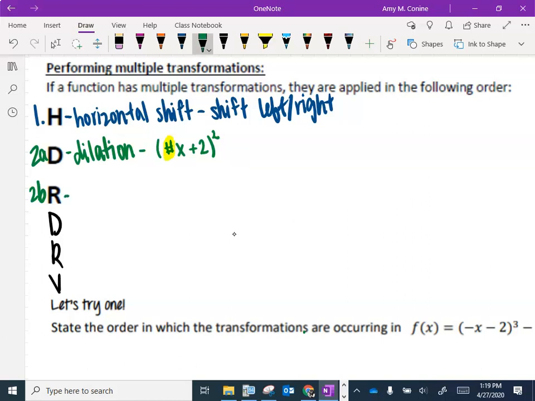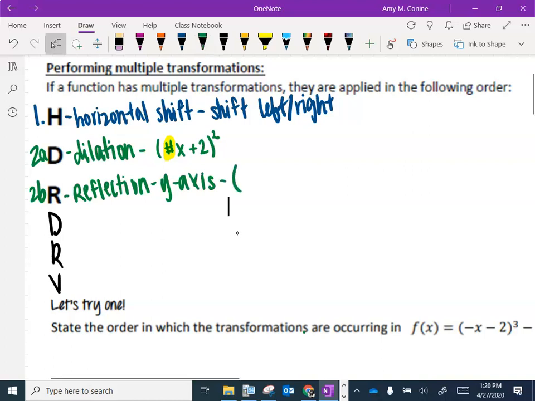And the reason it's 2A and 2B is because if you have a reflection in there as well, that's your reflection over your y-axis. I want to make sure that if you have, for example, if this was negative 2x plus 2, this whole thing squared, you can do these at the same time.